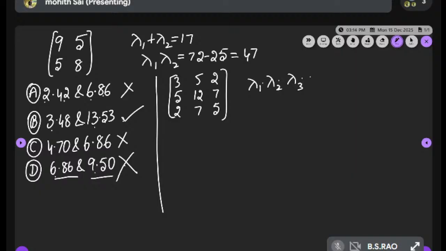Product of 3 eigenvalues equals the determinant: 3, 5, 2; 5, 12, 7; 2, 7, 5. Tell me quick. What is the value of it?